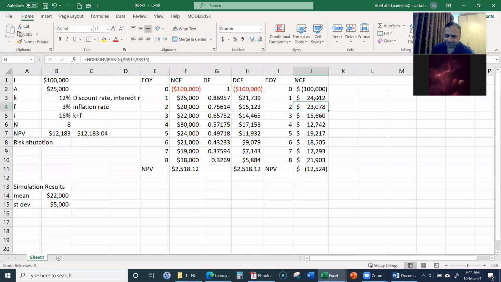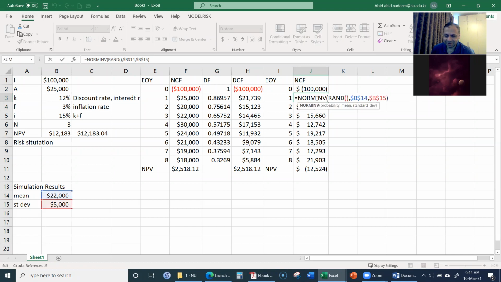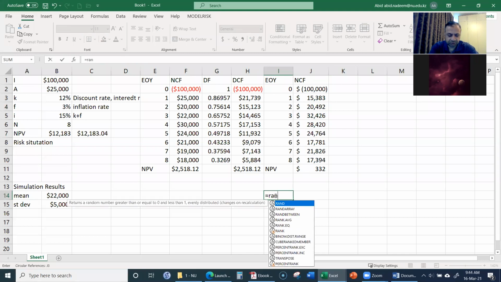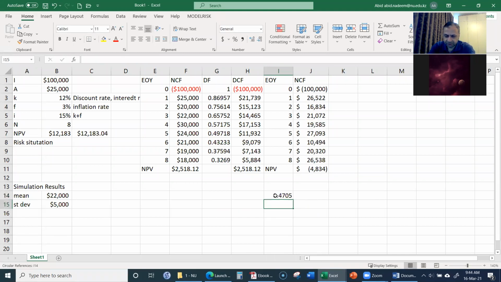Because in this case we are using a random number inside of this normal distribution formula, so that random number changes all the time. So for example, this is RAND. Right now the random number is 0.4705, and there may be some other random number over here. Here the random number now is 0.37. Here the random number is now 0.44.